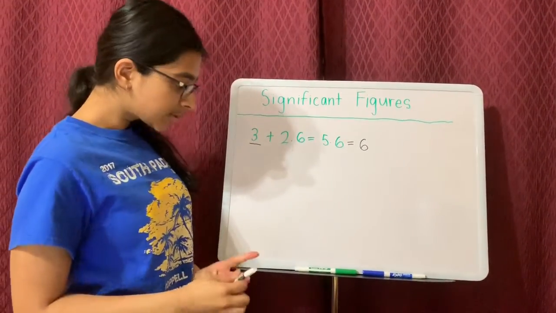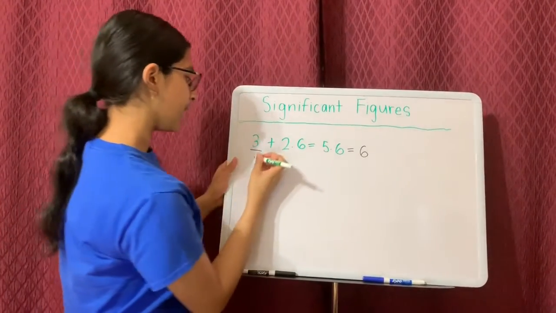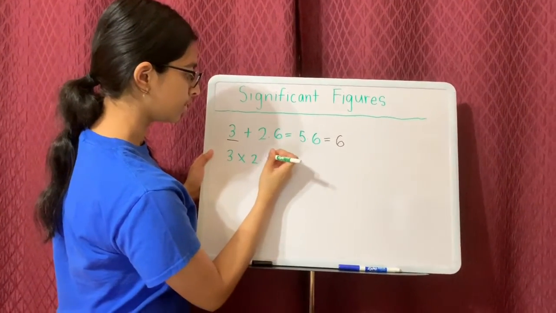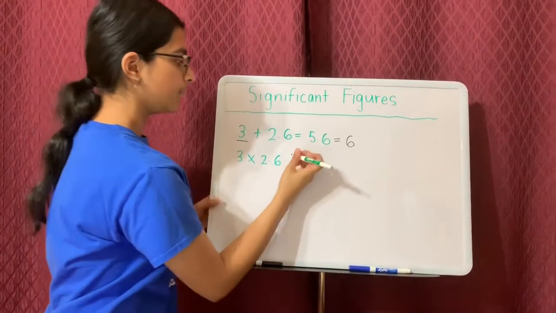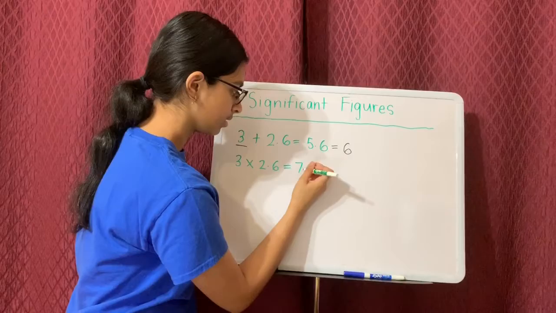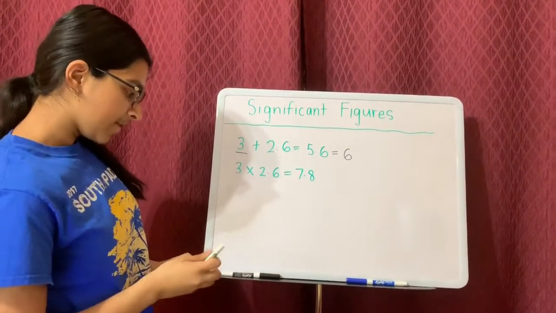And then we also have some rules for multiplication and division. Suppose we were multiplying 3 times 2.6. This, just done with no sig figs involved, would be equal to 7.8. Now let's look at the sig figs.